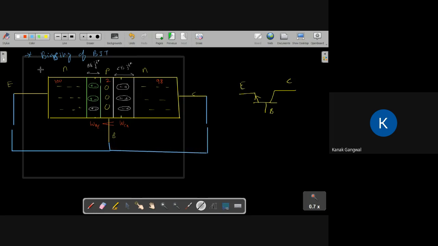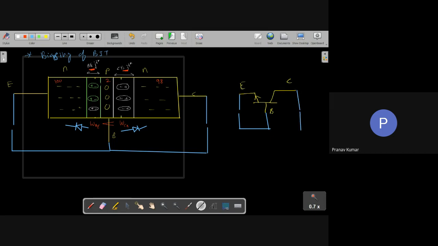Because there are two PN junction diodes, here is one PN junction with an anode and cathode, and here is the second diode. This is the base emitter junction and this is the collector base junction. So I can apply the power supply between emitter and base, and between collector and base.